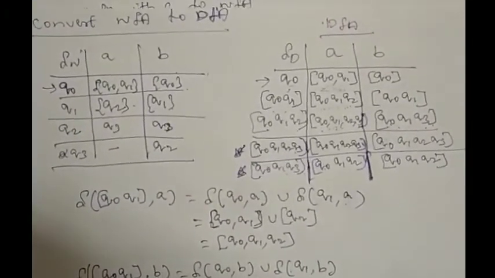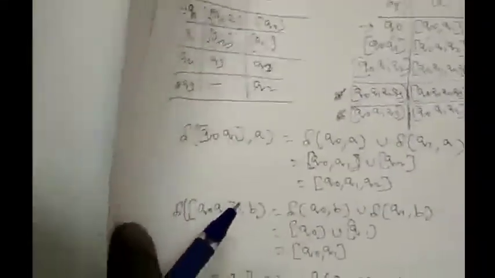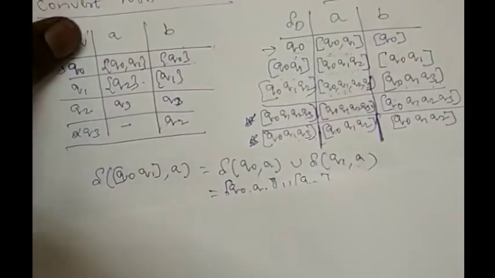Now we simply have to draw the diagram. So now I have 5 different states here. How to draw this diagram? I will just draw it. You have 5 different states here.